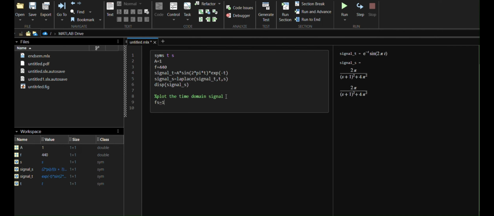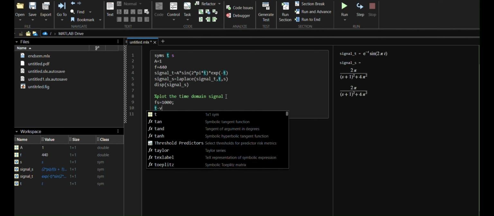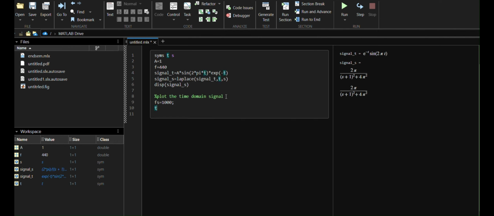I put a random value, fs gives 1000. So t vals. Now I am using one inbuilt function. The t vals is equal to linspace. It is a MATLAB inbuilt function to take values between the two endpoints.